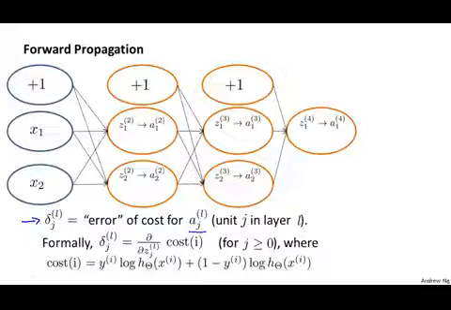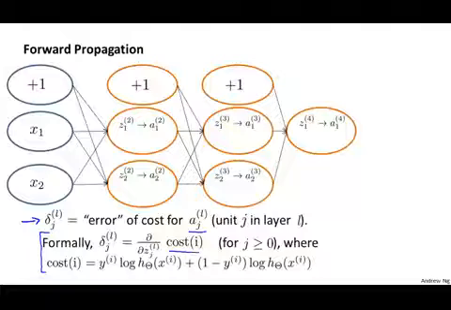More formally, and this is maybe only for those of you that are familiar with calculus, what the delta terms actually are is the partial derivative, with respect to z^(l)_j, that is this weighted sum of inputs that we're computing, of the cost function. So concretely, the cost function is a function of the label y and of the value h of x output by the neural network. And if we could go inside the neural network and just change those z^(l)_j values a little bit, then that will affect the values that the neural network is outputting, and so that will end up changing the cost function.